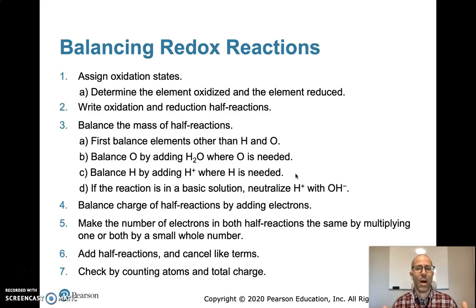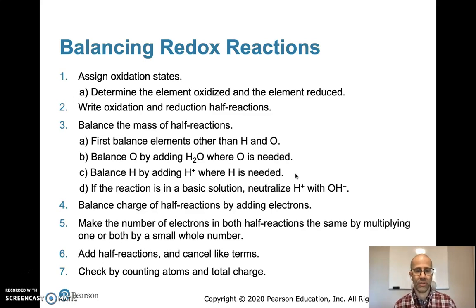However, if you are balancing a redox reaction in a basic solution, then you have one final step to add before you go to balancing charge. And that is, you need to neutralize your H+ ions. Whatever amount of H+ ions you have on one side of your equation, you have to add OH- to that same side, so that those two will balance out.